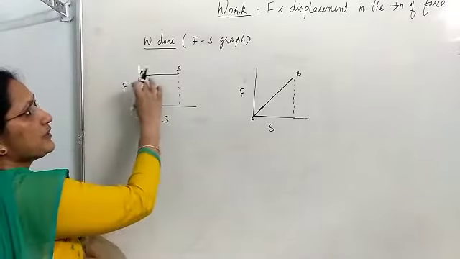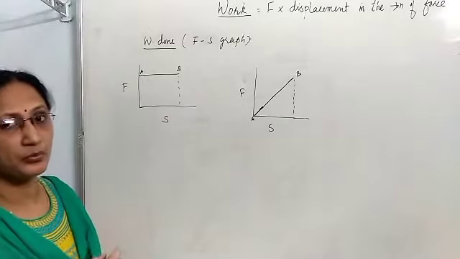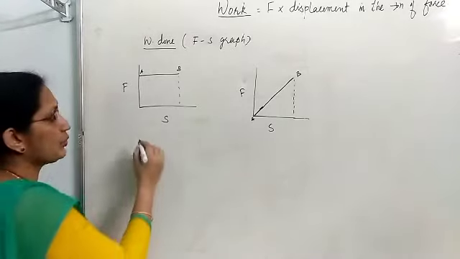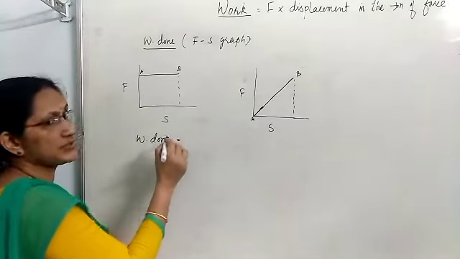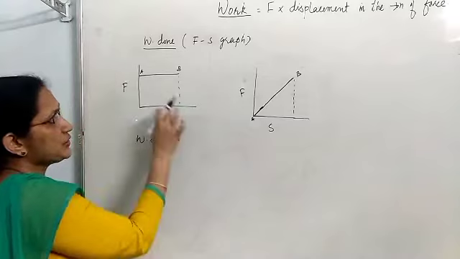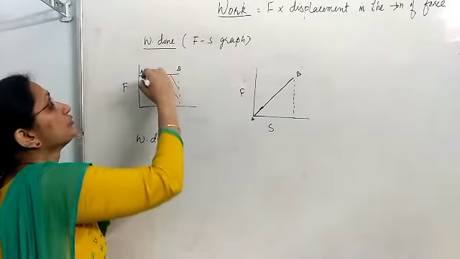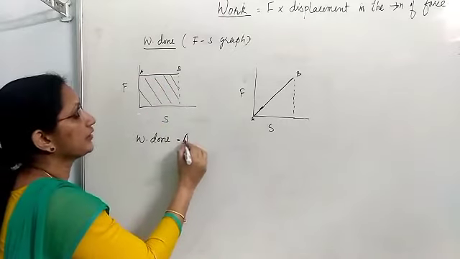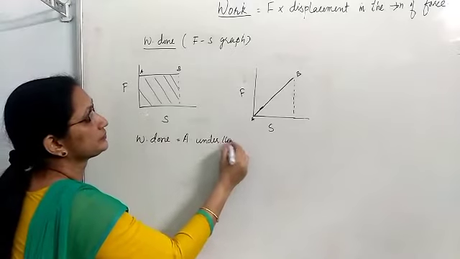So here AB is the force-displacement graph of a moving body. Then how can you find out the work done? Work done is equal to force into displacement. That means force into displacement is the area under the graph. This shaded area, that is the area under the graph, gives the work done.